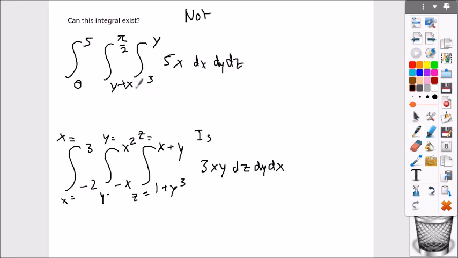If you have dx, you have x equals 3, x equals y, and then you'll have y equals y plus x. You can't do that. That's a dependence problem. If you have z first, z equals y plus x. That sounds promising, right? It does sound pretty promising, but then you'll have dy at the end.